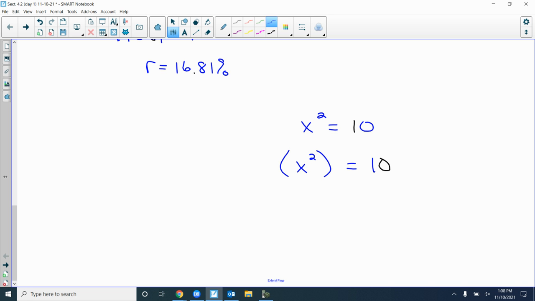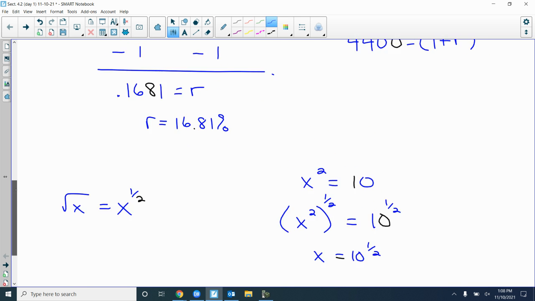What power is the same as the square root? Like the square root of x is really x to what power? I know we've gone over this. Not negative. Square root is the 1/2 power. So the square root of something is the same as x to the 1/2. Instead of taking the square root, I can take both sides to the 1/2 power, because what happens to the 1/2 times the 2? That gives me 1, and 10 to the 1/2.